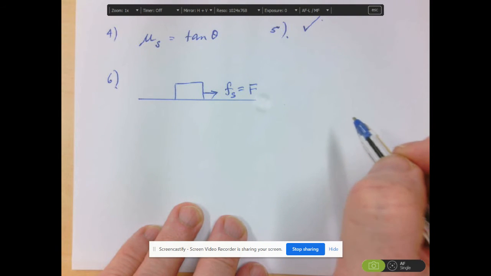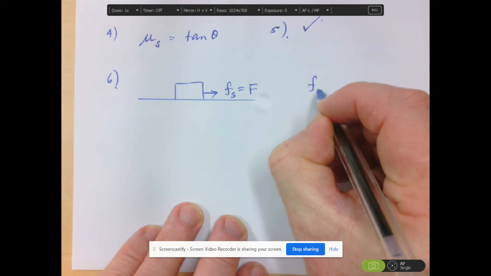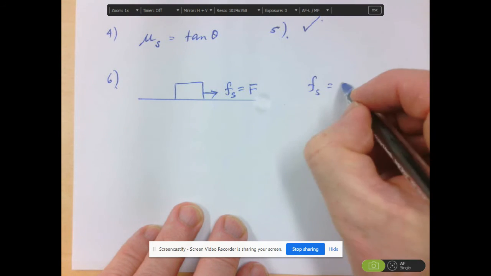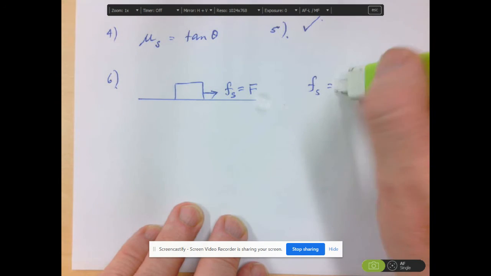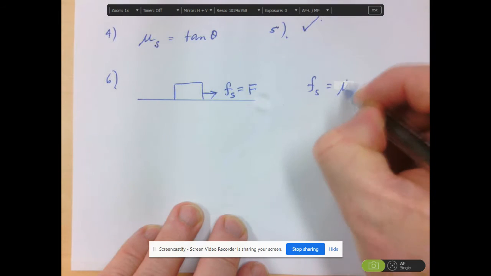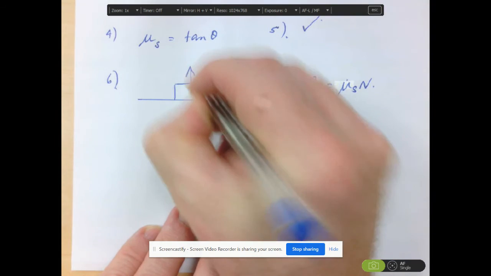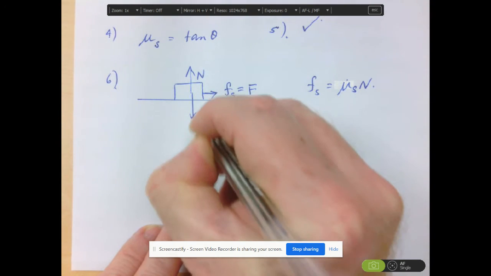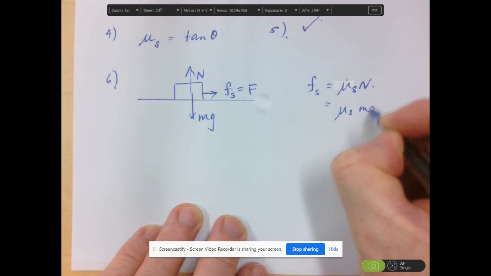Okay, so we know that on a horizontal surface, force of static friction would equal mu s times n, and n on a horizontal surface is equal to mg. So it'll be mu s times mg.